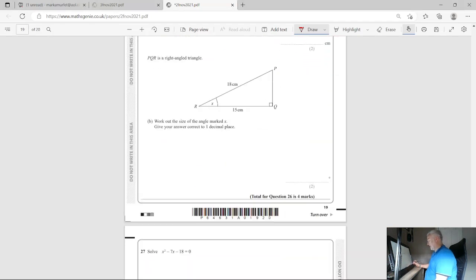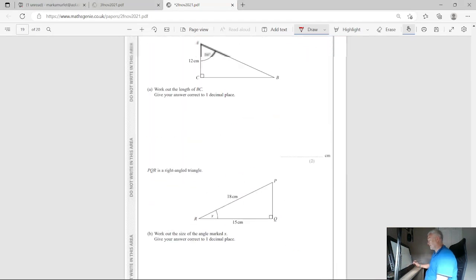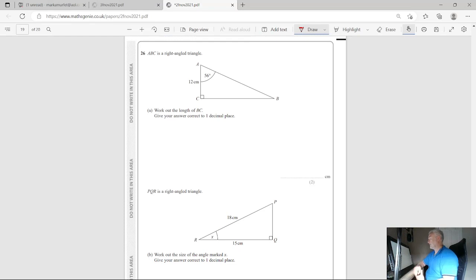Okay, almost there. We've got 28 questions on this paper, so we're on question 26. ABC is a right angle triangle. Work out the length B to C. So we want to know what length is between those two measurements. So right angle triangle, Pythag or trig. Do I have 2 sides that I know? No. Can't do Pythagoras.